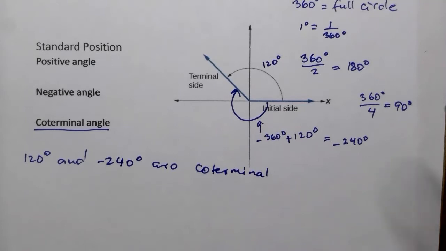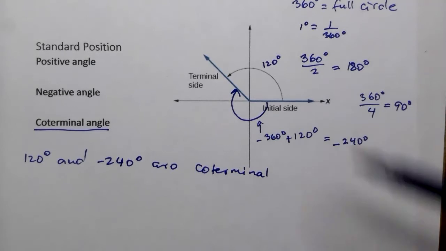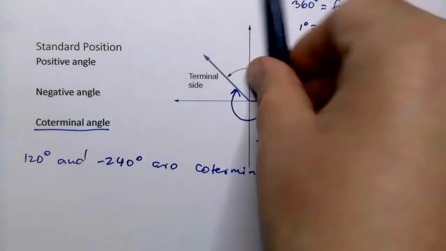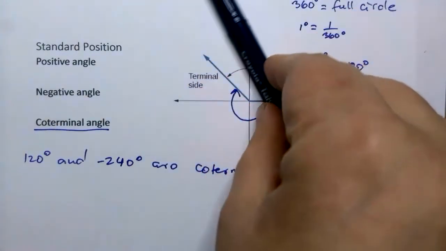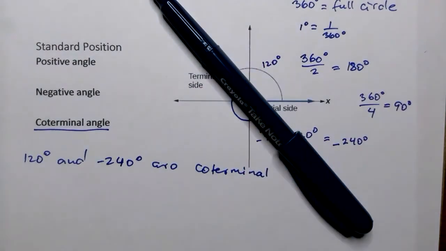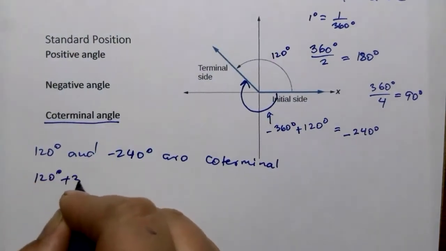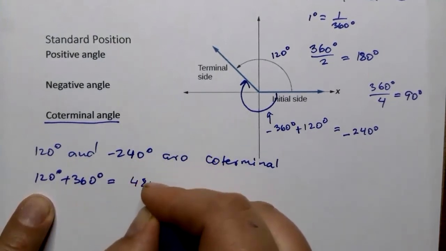Now, in this case, if you add the absolute values, they add up to 360. But this is not always the case, because what if you went 120 plus another 360, another full circle? You would still end up in the same position and your angles would be coterminal. So 120 plus 360 gives you 480.